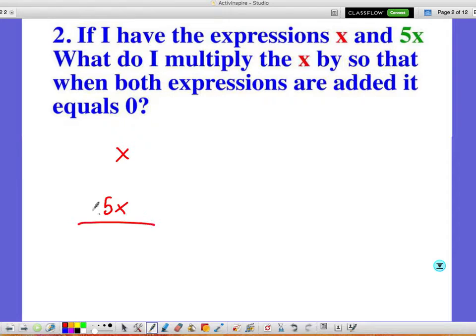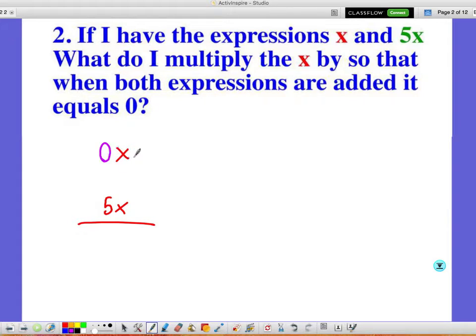So when I add these together, x plus 5x, that gives me 6x. Now, I need to multiply this x by something. I don't know what it is, but I want to multiply by something so that when I add them together, it gives me 0. A very common guess that students would give me is 0. Multiply it by 0, and that's going to give you 0.